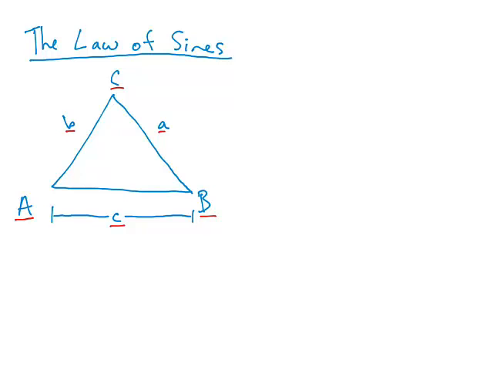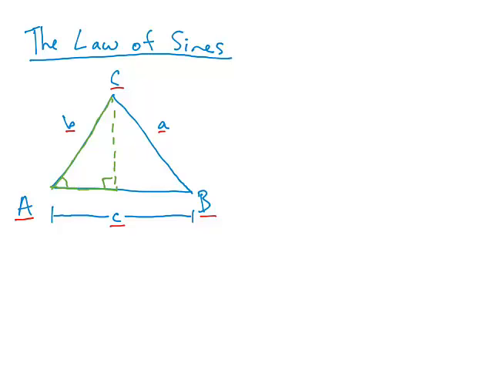Alright, so here's where the law of sines comes from. What we do in the triangle is we draw an altitude from C, and this makes a right angle here. And what we notice is that we have a right triangle here on the left-hand side. Okay, and I have angle A down here.